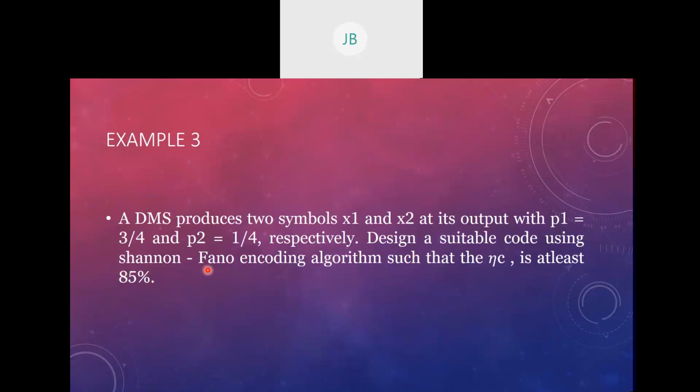Let us try to represent these probabilities and get a coding scheme using the Shannon-Fano method, and then we will see the performance. If we cannot reach it, then we need to use some intelligent methods to achieve that performance, which we will see in this case.